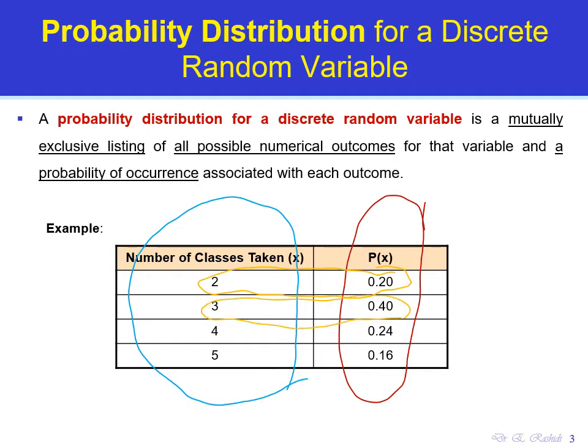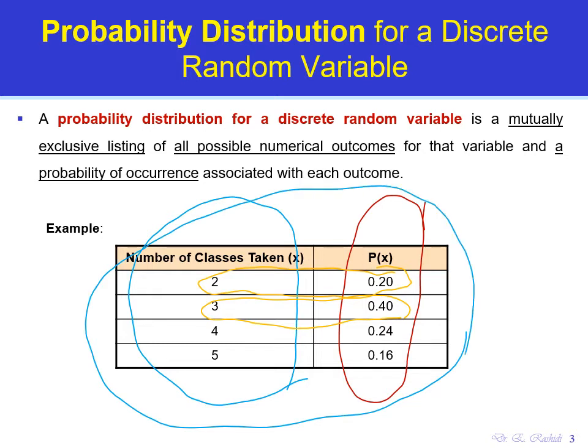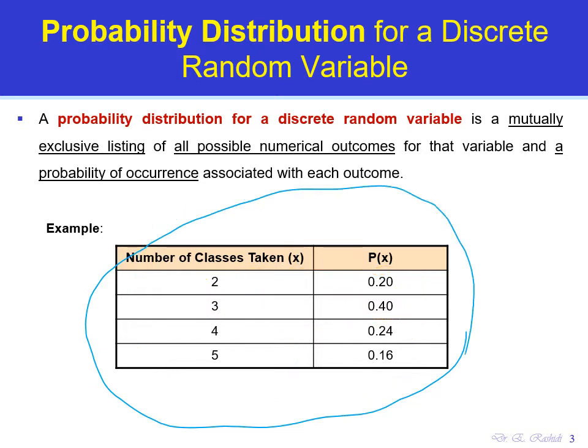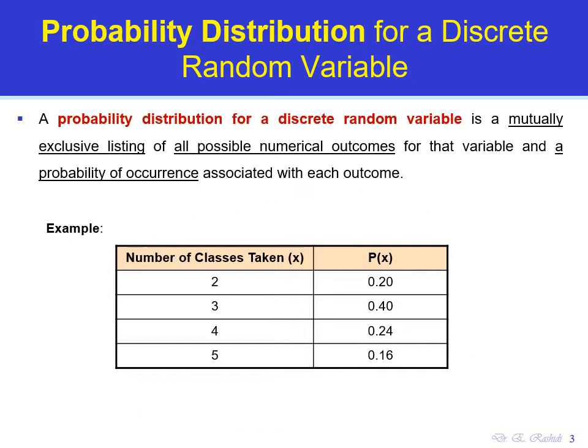This is called the probability distribution of a discrete random variable. One important thing is that the probabilities here should add up to 1, as you see here that they do.